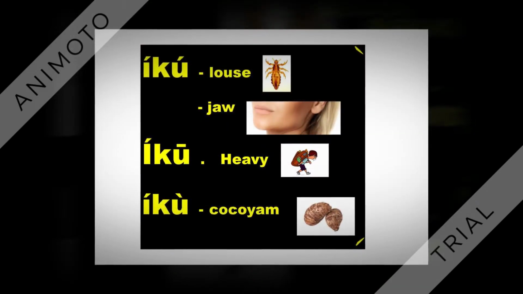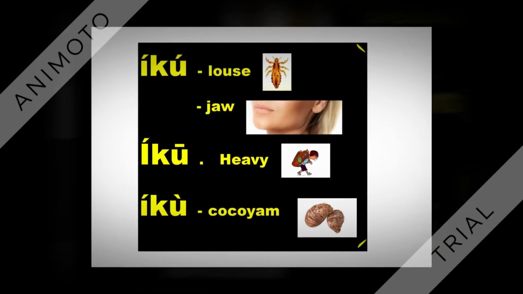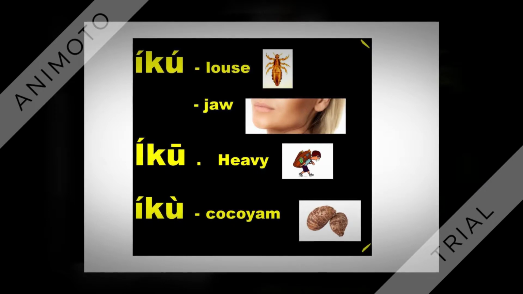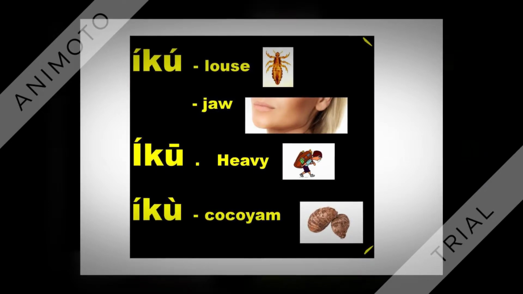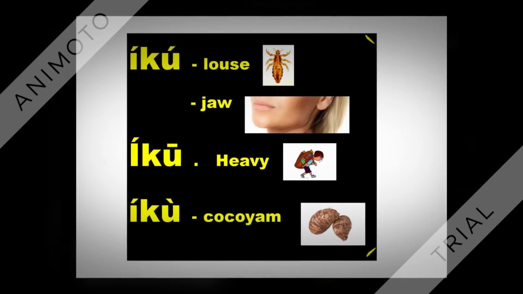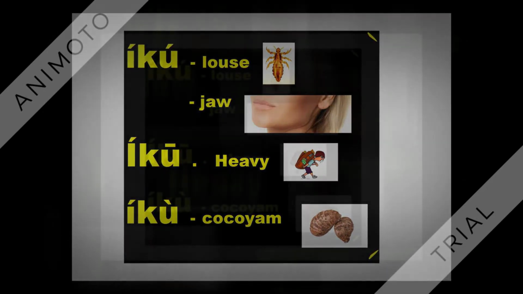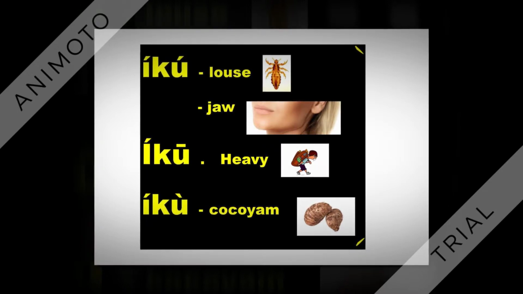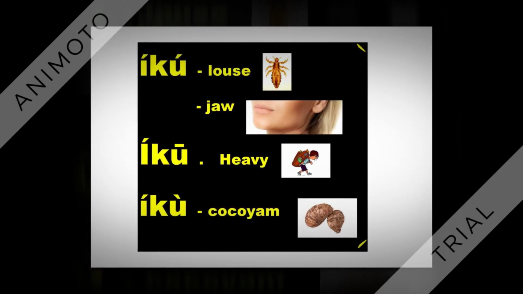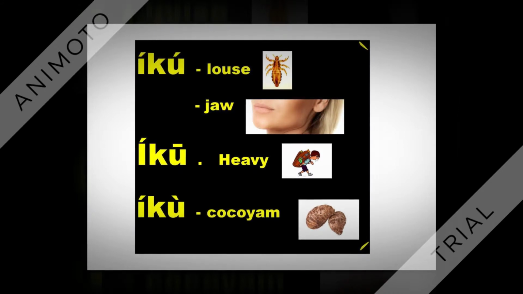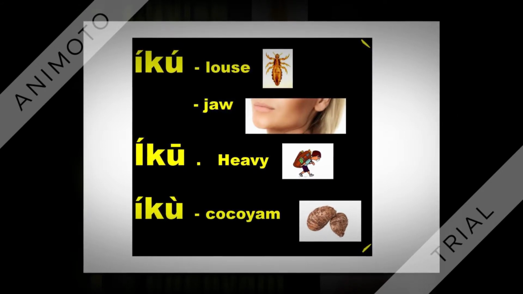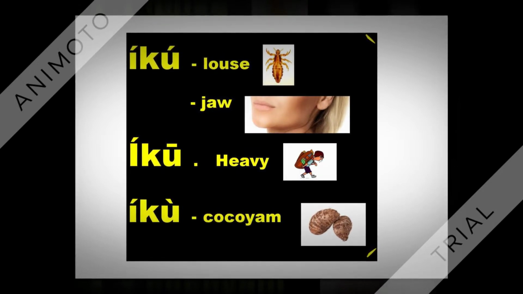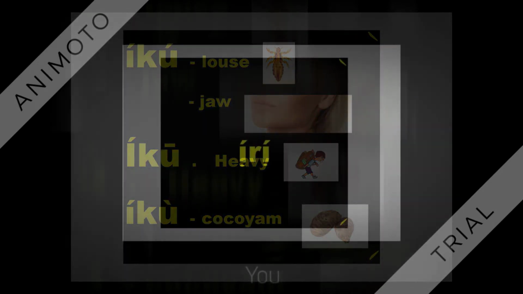The stress mark on the I is rising from left to right, and on the U it is falling from left to right. They are all spelled the same, but the stress marks on them are different and they have different meanings.